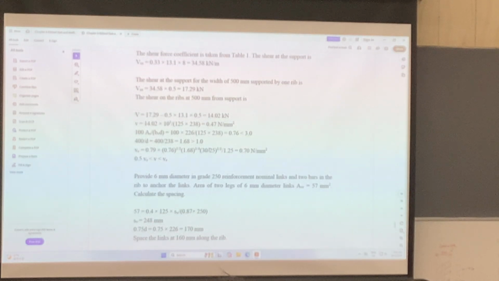So we want to consider the shear 500 mm away from the support. At the support, the shear is equal to 34.58. So we want to know the shear here, which is actually 500 mm away.